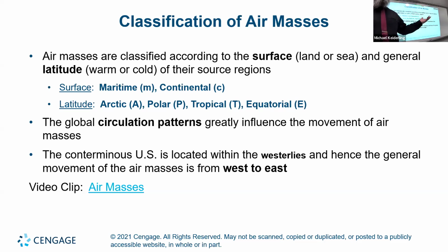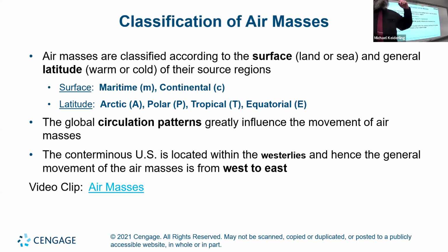Maritime air masses are humid. Continental air masses are dry. And then temperature-wise, we base it on the latitude they come from. These are Arctic, the coldest, capital A, then polar, capital P, still cold.